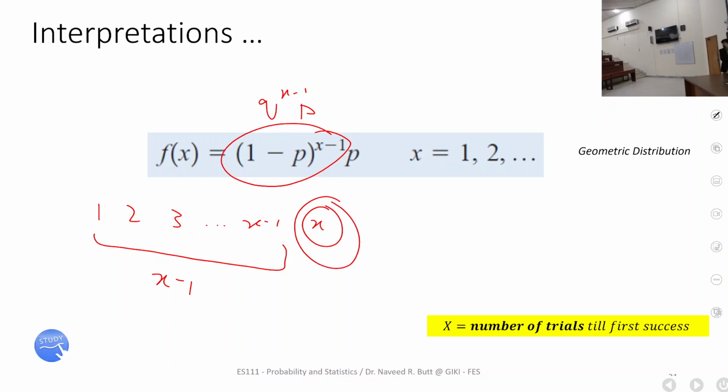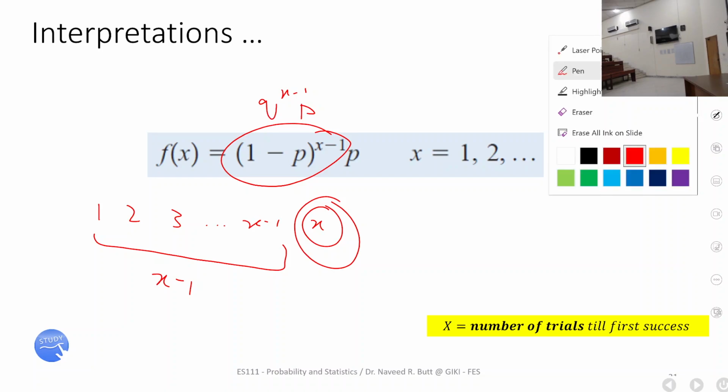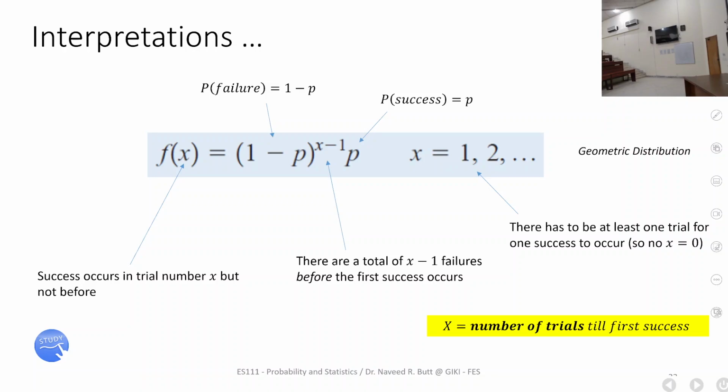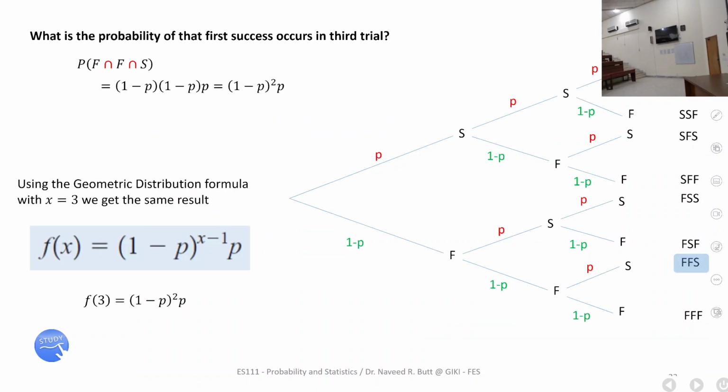Yeah, so ये उसका formula है. And if we want to see, okay, what is the probability that the first success occurs in 3 trials, that is FFS, and you can check that it will be (1 minus p) squared p. Try from this formula, same answer. Yeah. So makes sense.